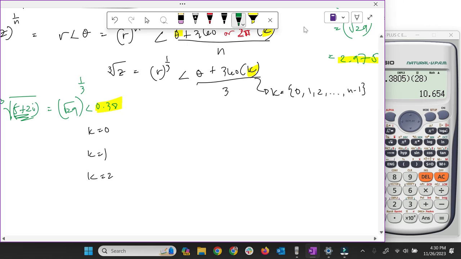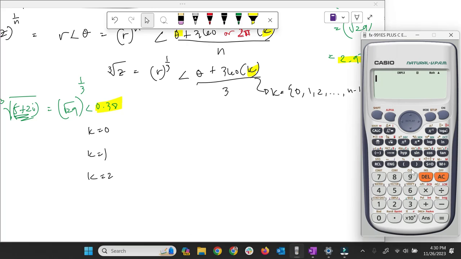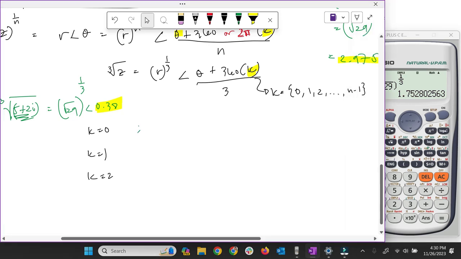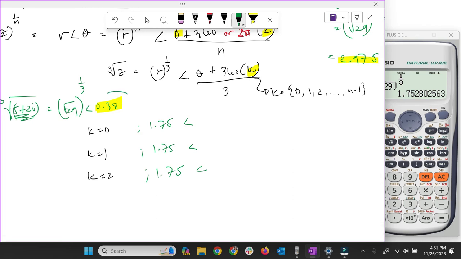So, let's have square root of 29 raised to 1/3. This will be 1.75, this will be 1.75, this will be also 1.75. Ang mag-iiba lang palagi dyan is your angle. Siya lagi yung nasasubject to changes, depende sa kung pang ilang root ka.